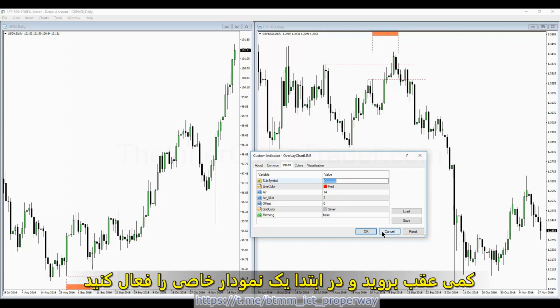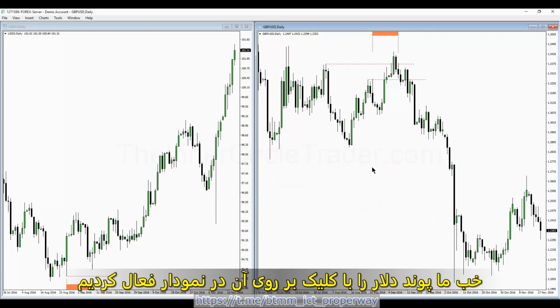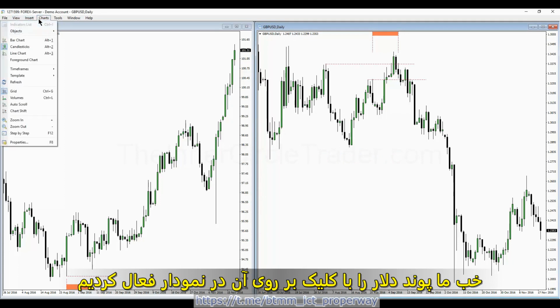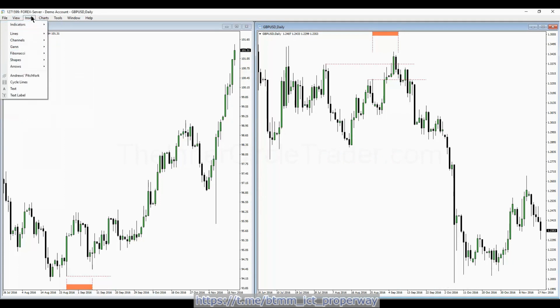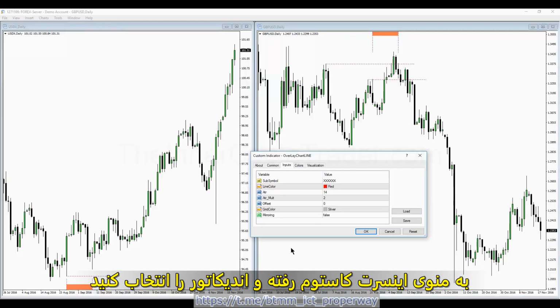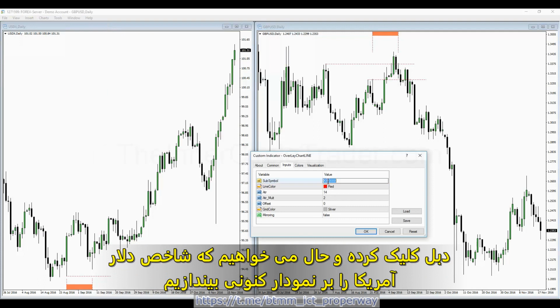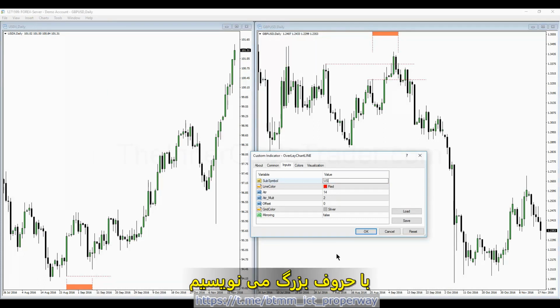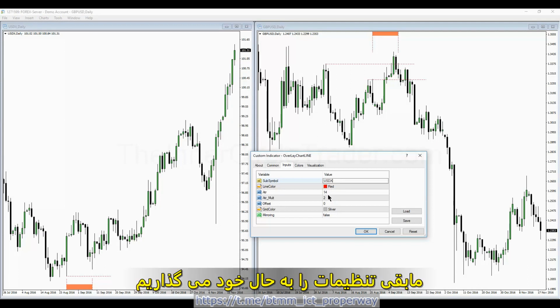Okay, and I'll show you what I mean by that. Let's go back and highlight a specific chart first. So we're highlighting the British Pound USD chart by clicking anywhere on the chart. Go up to Insert, Indicators, Custom, Overlay Chart Line, double click, and we're going to be overlaying the US dollar index, so capital letters, and we're going to leave everything as it is here.